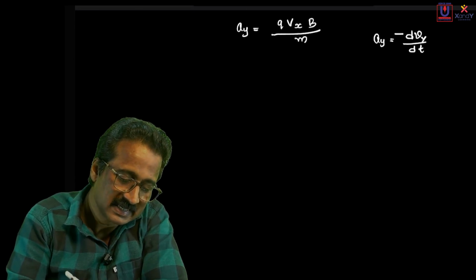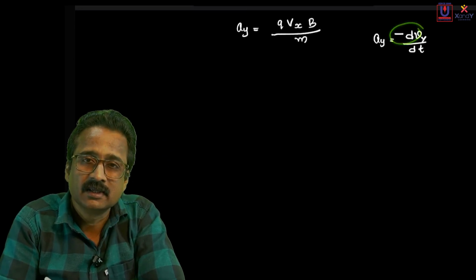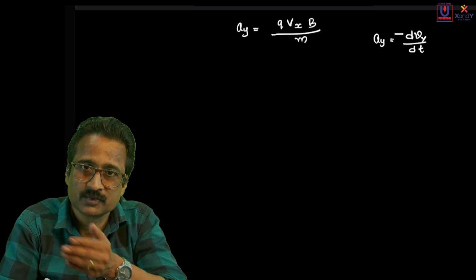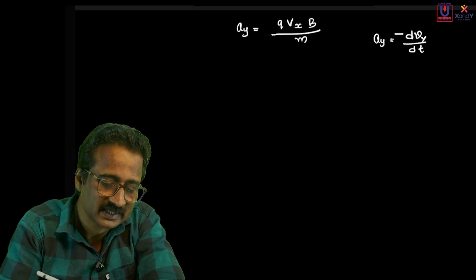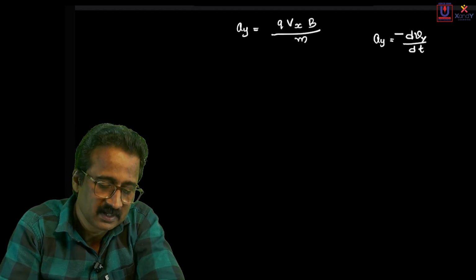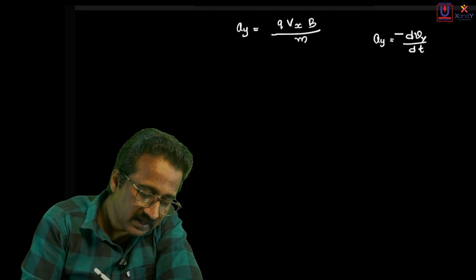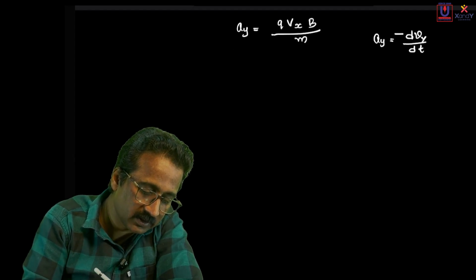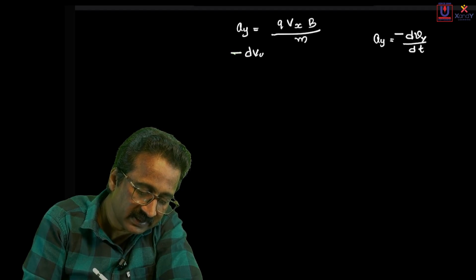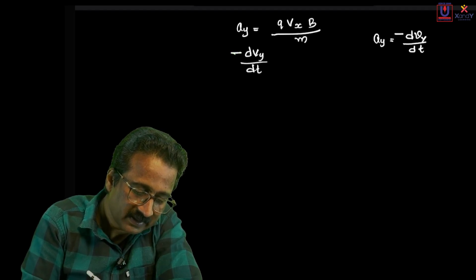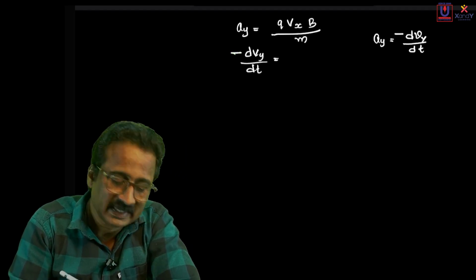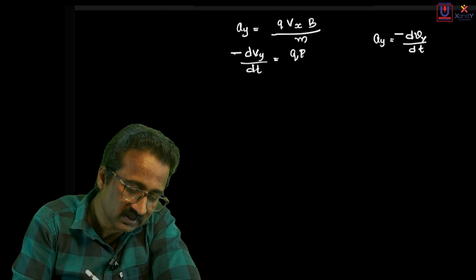Because it is retardation, at least in the beginning, the force was opposite to the initial velocity. So Ay is minus dVy by dt, that is minus dV by dt in the y direction. That is equal to QVxB, Q into B divided by m.